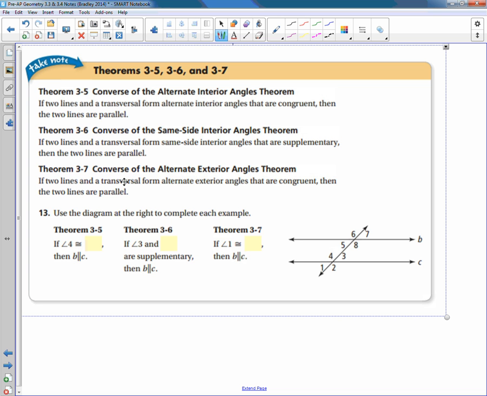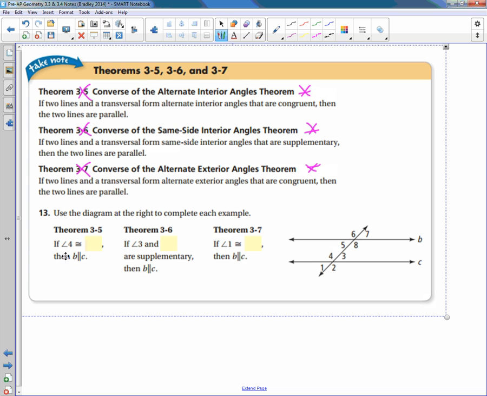And the converse of the alternate exterior angle theorem states that if two lines and a transversal form alternate exterior angles that are congruent, then the lines are parallel. Do you need to learn these numbers? No, do not worry about that. Just learn the concepts. You don't even have to memorize the concepts because they'll be on the postulate and theorem sheet. You just have to know and understand how and when to use them.